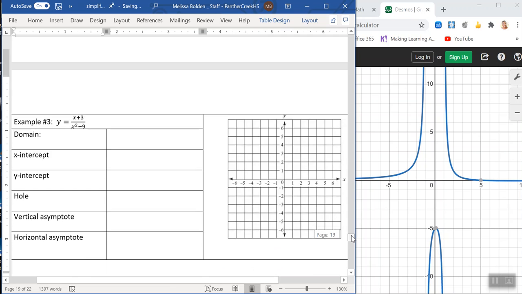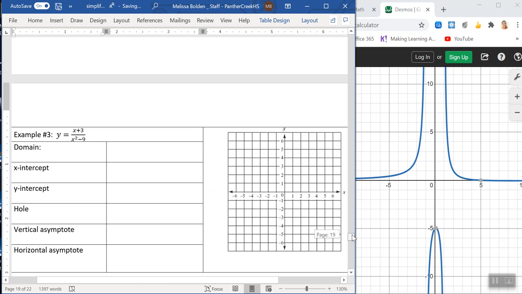Okay, this one, we're going to have a hole this time. So the way we would do this, our domain, again, is let's go ahead and factor this. We have x plus 3, and then x plus 3, x minus 3. So our domain is x is not equal to, let's see, x plus 3 is not equal to 0, and x minus 3 is not equal to 0.